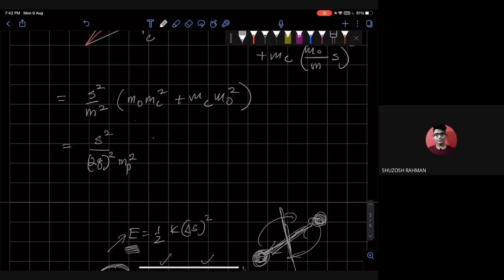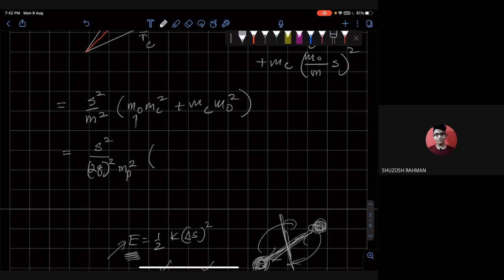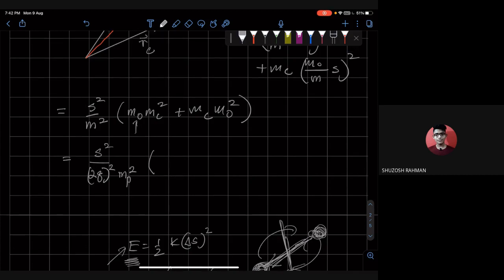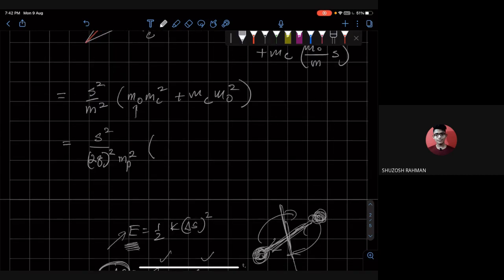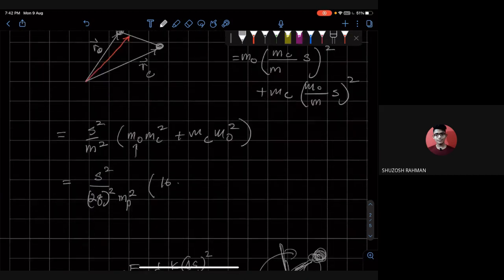And here, from the oxygen, we are going to get 16 times the carbon, 12 squared, and here I'm going to get 12 squared times 16, and here I'm going to get MP cubed, right?